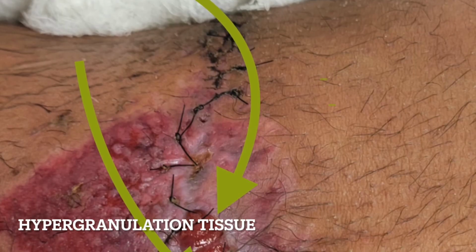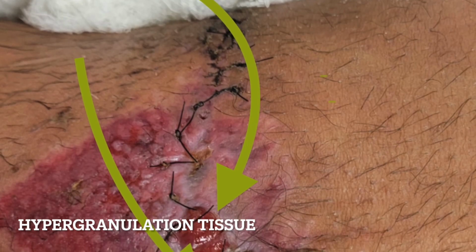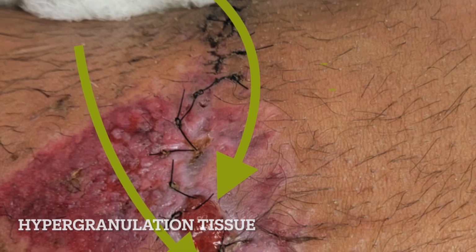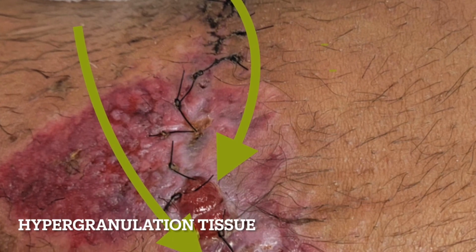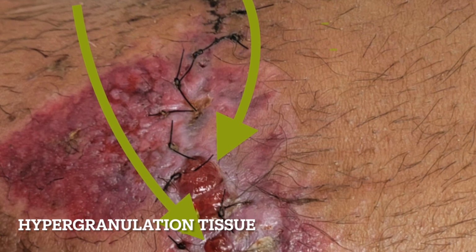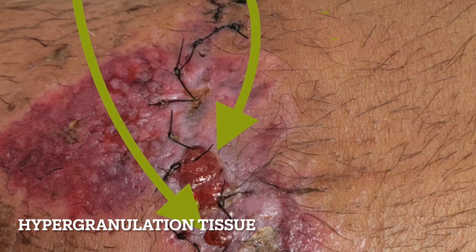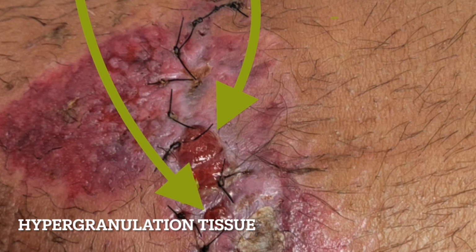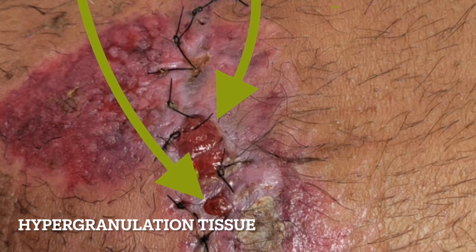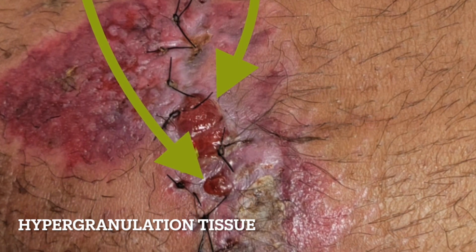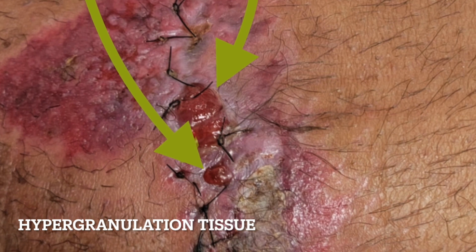Another complication that we can encounter is an excess of granulation, or the proper wound terminology, hypergranulation tissue: excess granulation tissue that fills the wound bed to a greater extent than what is required and goes beyond the height of the surface of the wound, resulting in a raised tissue mass, preventing the contraction stage.